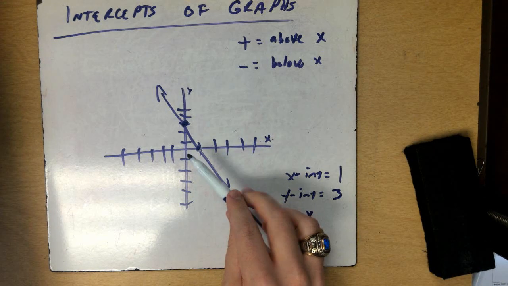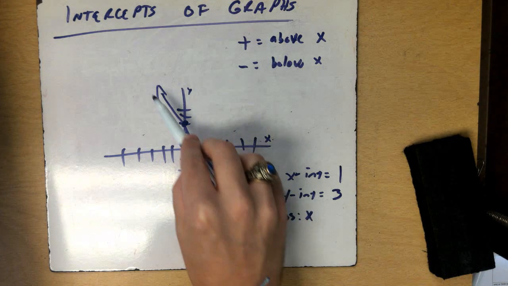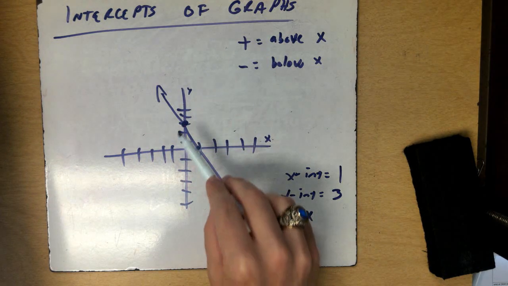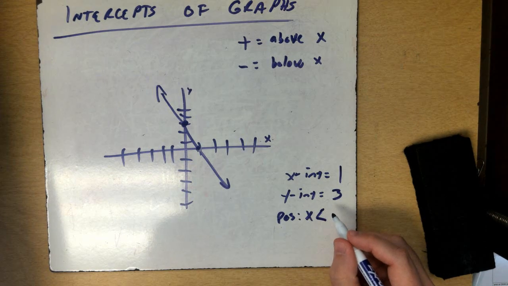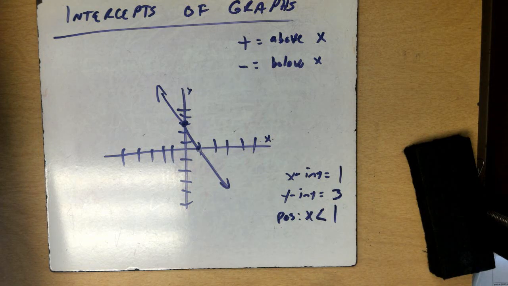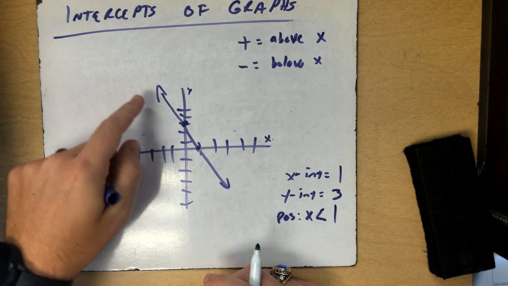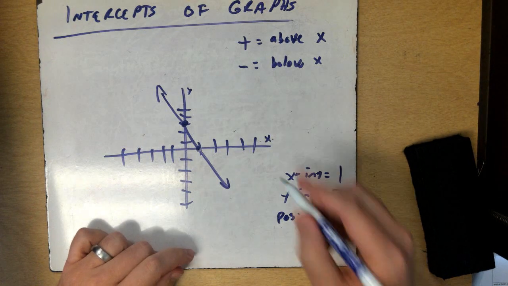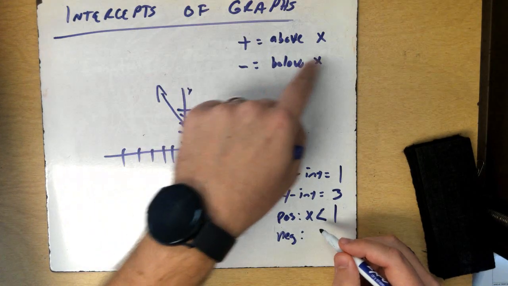Now, which way is this line going? It's going left. If it's going left, that means it's less than our x-intercept, which is 1. So this function is positive for everything x less than 1. Now, where is it negative? It's negative below the x.